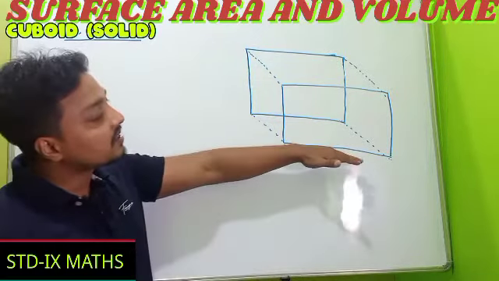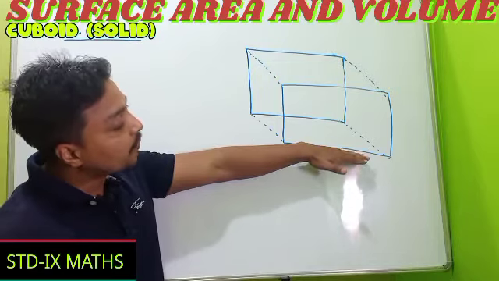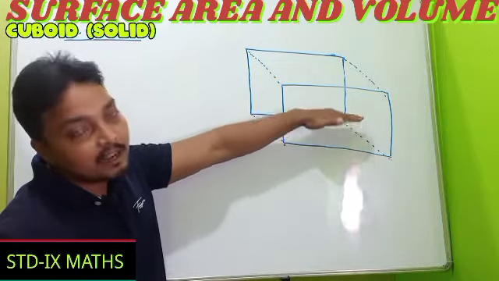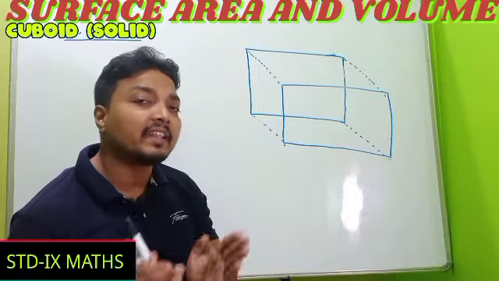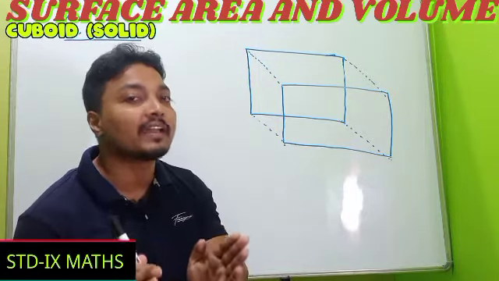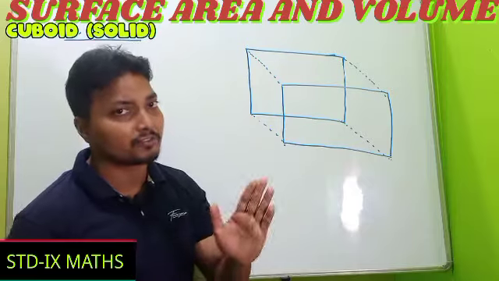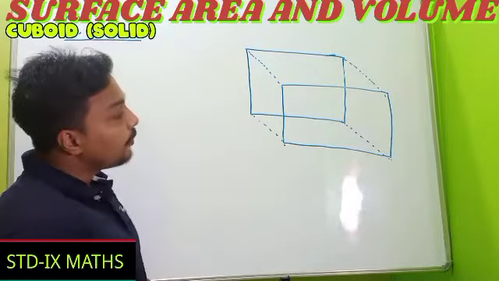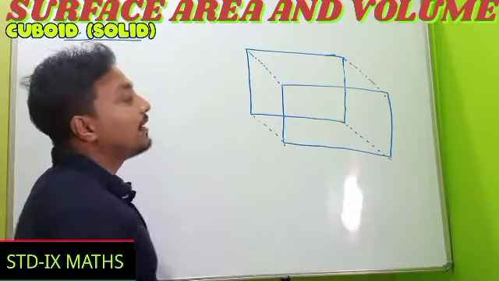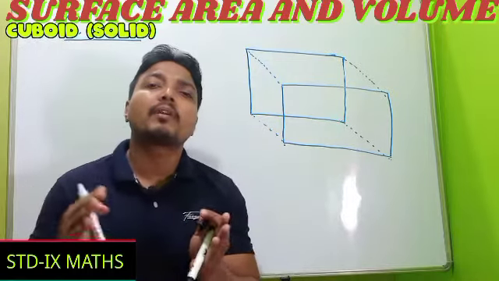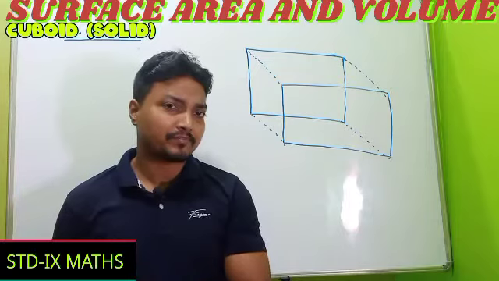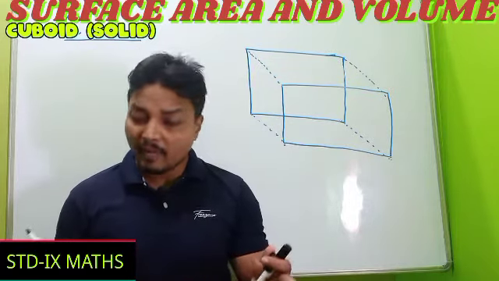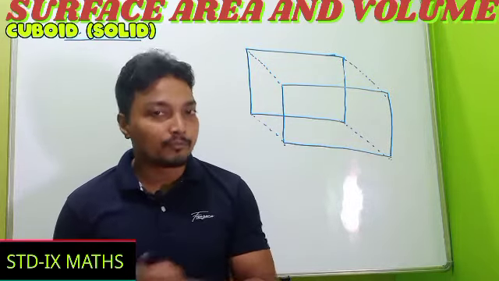Whenever we make a stack of equal rectangles over one another, the figure we obtain is also called a cuboidal structure. Understood perfectly? So remember, a cuboid may be a brick, a matchstick box, or even a rectangular book.